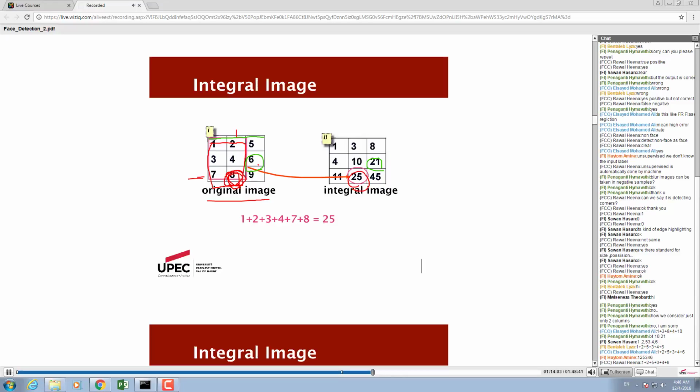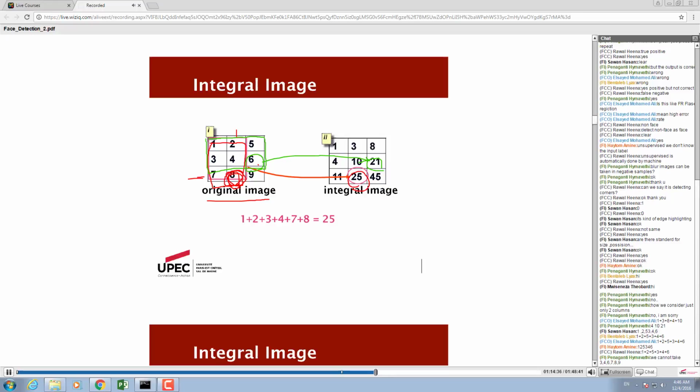So we are now in the third column, right? So we are using columns 1, 2, 3, including the current one. And for rows, we are in the second row, so we are using rows 1, 2. So this box becomes the integral region. So we are adding 1, 2, 5, 3, 4, 6. It becomes 21.